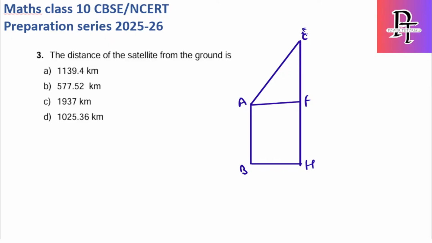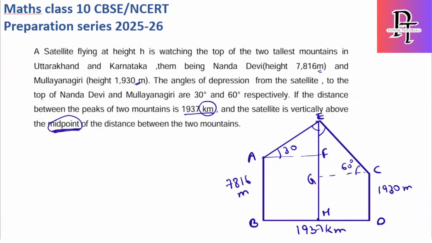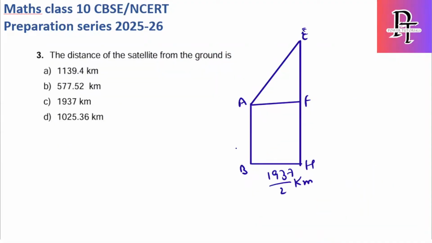Here you have to notice this: the bottom distance is in kilometers, which is 1937 by 2 kilometers, whereas this is in meters, not kilometers. What is that? 7816 meters. This is very negligible when compared to this value.